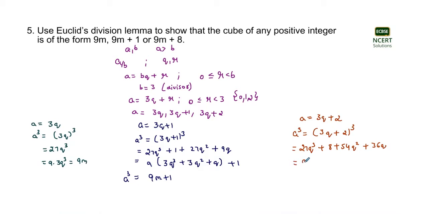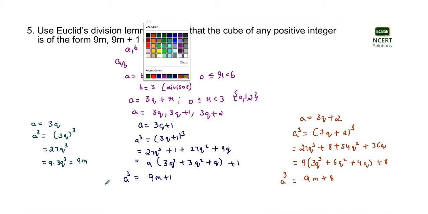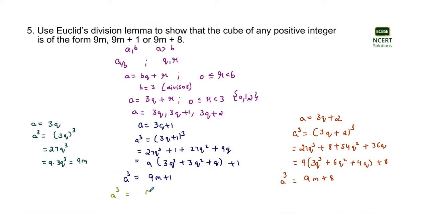Now taking 9 common from the first, third and last terms, in the bracket we will be left with 3q cube plus 6q square plus 4q, and the second term, that is plus 8. Here also the terms involved in the brackets are integers, so let this integer be m, and then a cube will be equal to 9m plus 8. So all the three forms possible for a cube are 9m, 9m plus 1 or 9m plus 8.